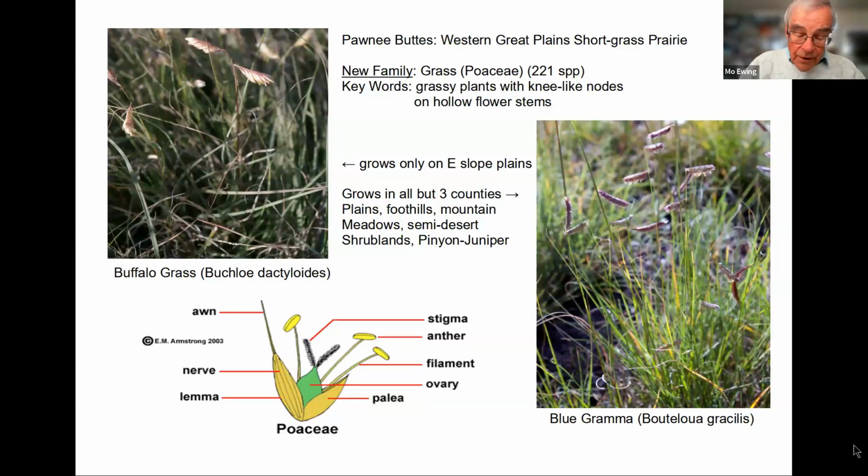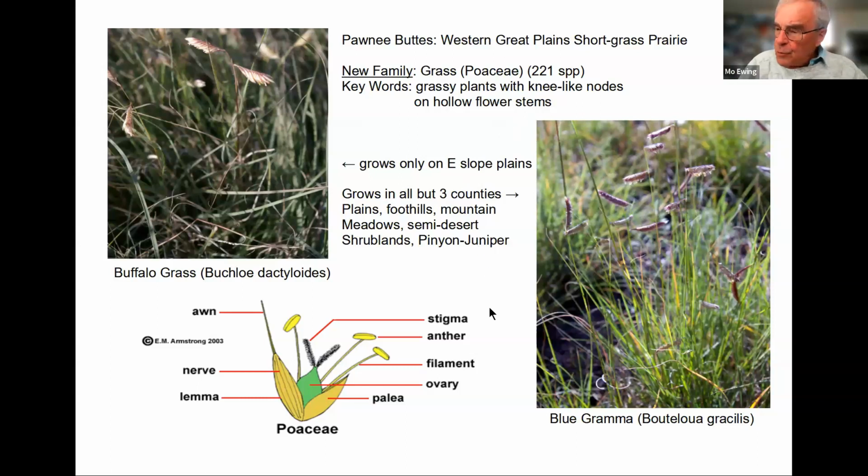And here we are talking about another new family. And this is another biggie. I probably should have done it in the first section, but I didn't. There are 221 species of grasses in the grass family in Colorado. The key words are grassy plants with knee-like nodes on hollow flower stems.